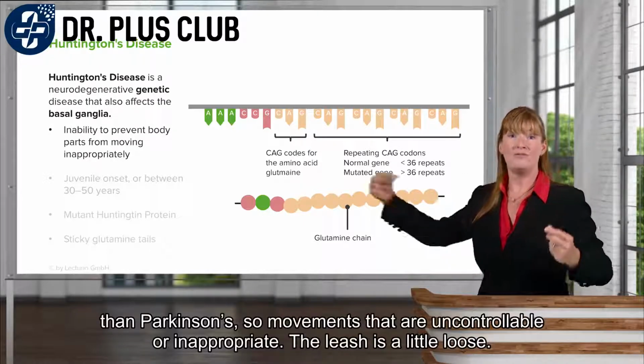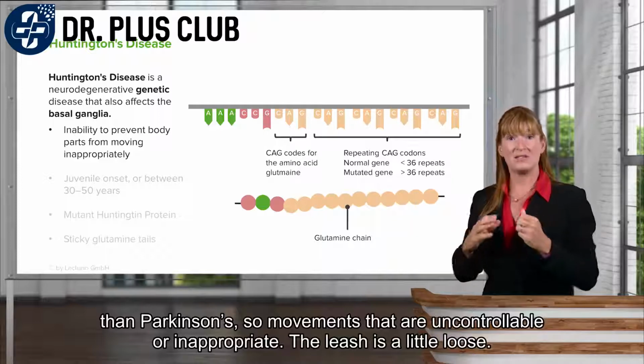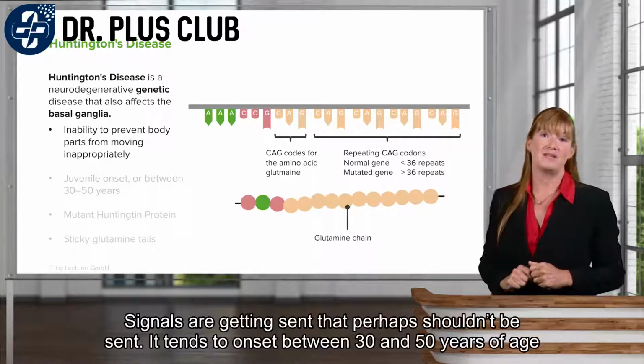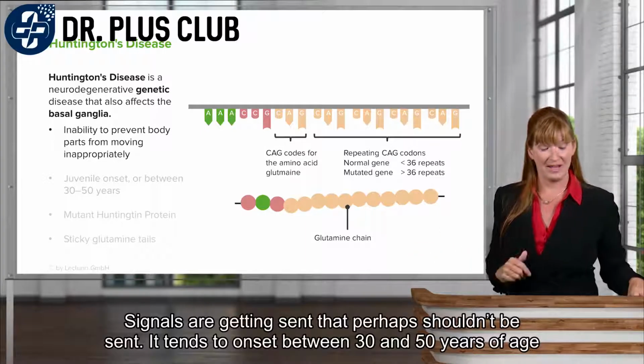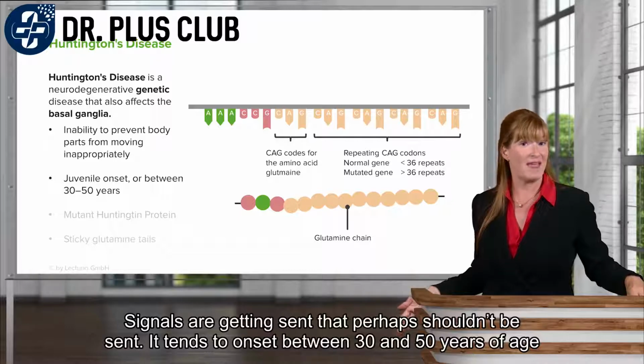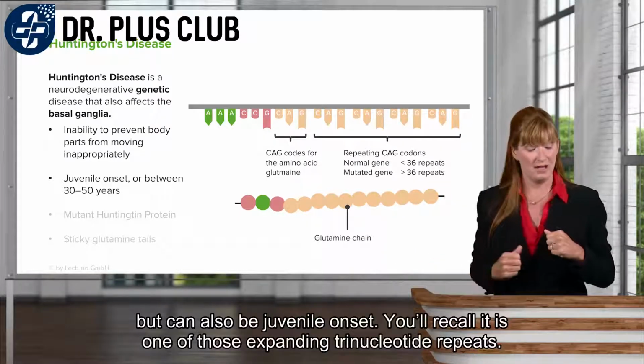So movements that are uncontrollable or inappropriate. So the leash is a little loose, signals are getting sent that perhaps shouldn't be sent. It tends to onset between 30 and 50 years of age, but can also be juvenile onset.